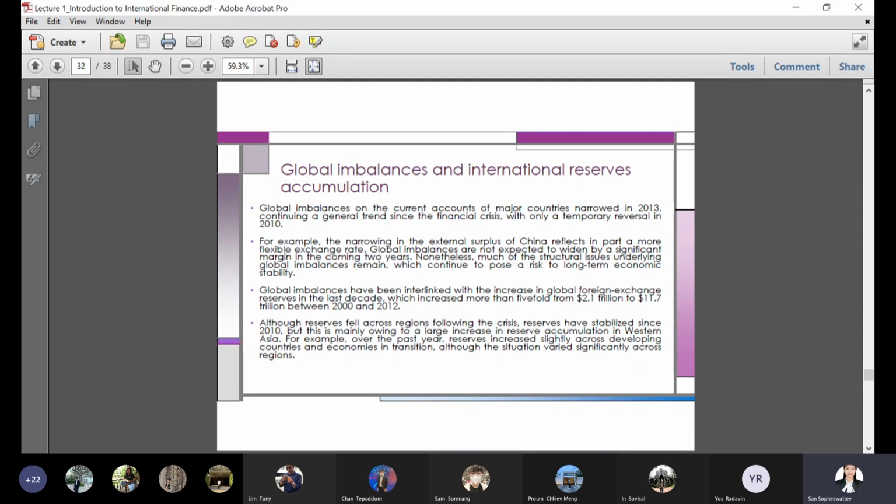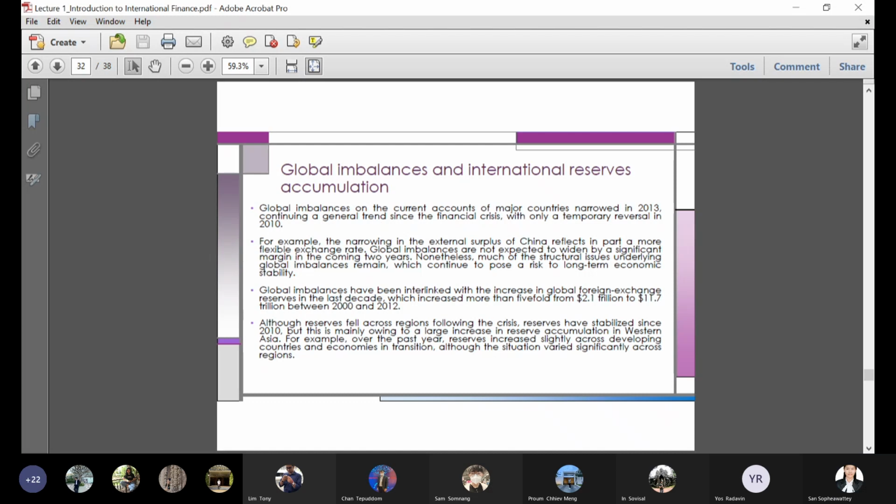And the global imbalances are interlinked with the increase in global foreign exchange reserves in the last decade. We can see an increase of more than fivefold, from 2.1 trillion to about 11.7 trillion between 2000 and 2012.